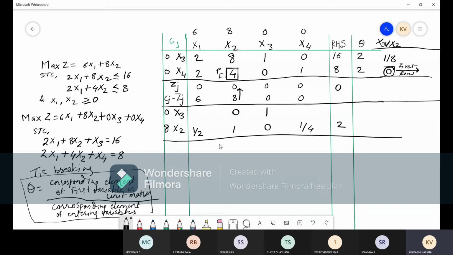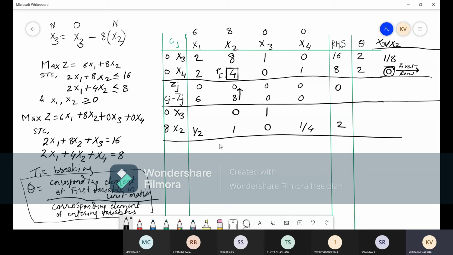We want 0 over here. So if you multiply this 1 by 8 and we subtract that 8 from this 8, we'll get 0. Right? So it is simple to get the new x3. To get new x3, we need old x3 and we need the newly entered variable, that is x2, and we have to multiply this x2 row by 8 and then subtract it from the old x3, right?